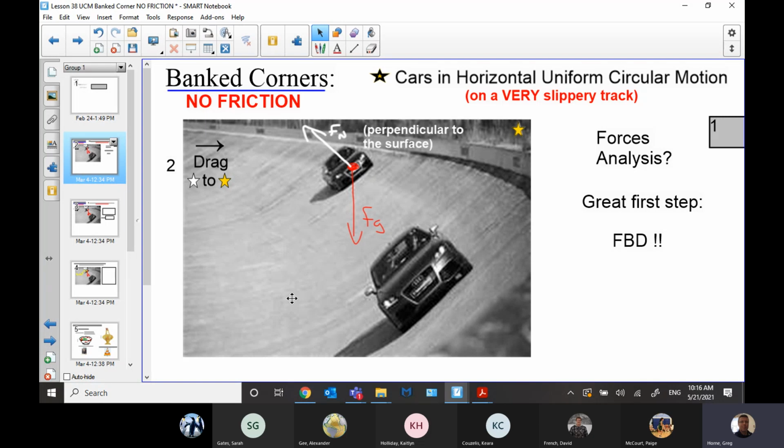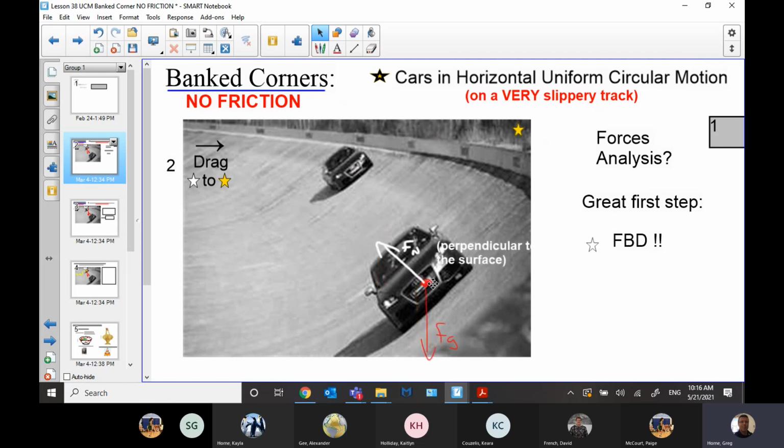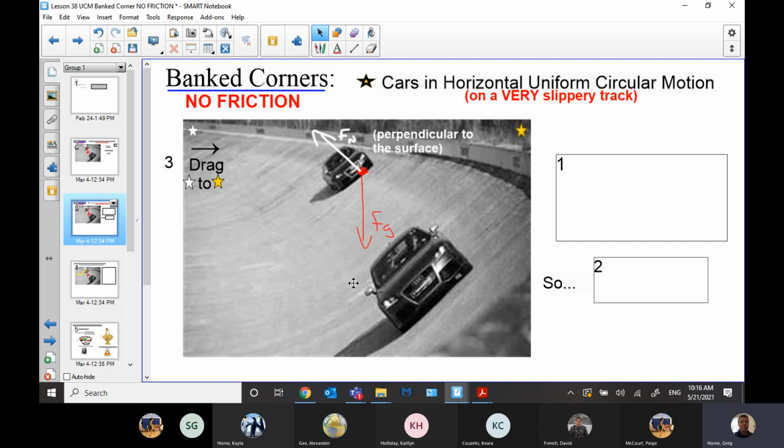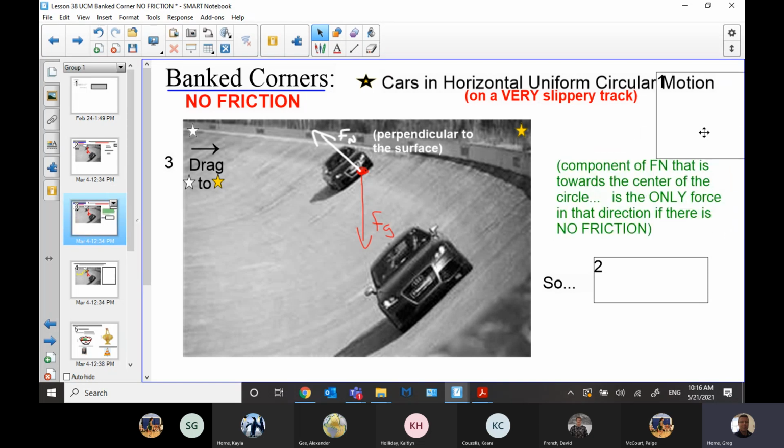So we have an idea of the free body diagram for this, and of course it would apply to this one too. We're picturing gravity and a normal force. The next thing to think about, when we analyze this, is that the component of the normal force that's towards the center of the circle is the only force in that direction if there's no friction.